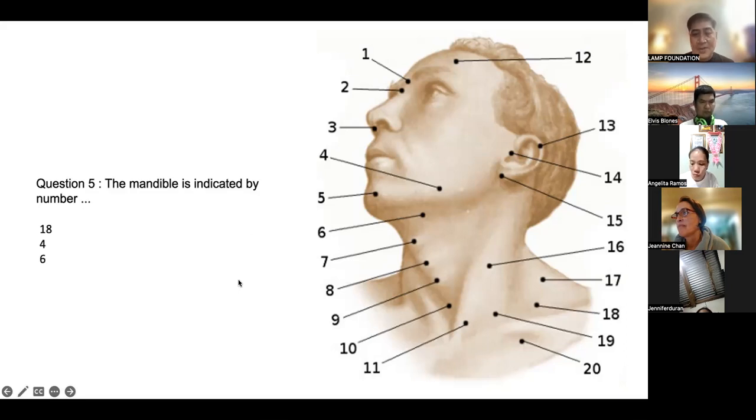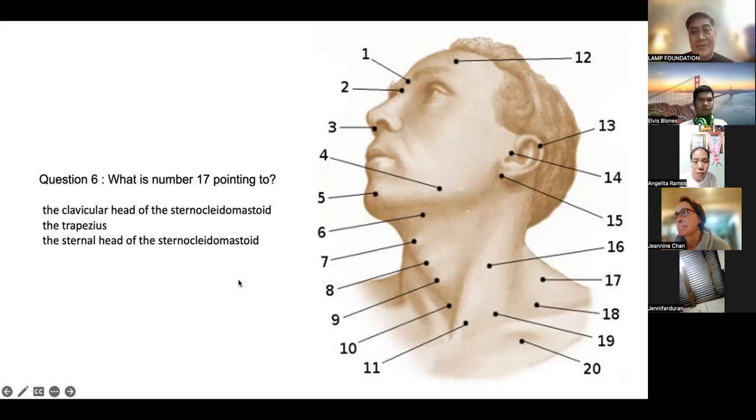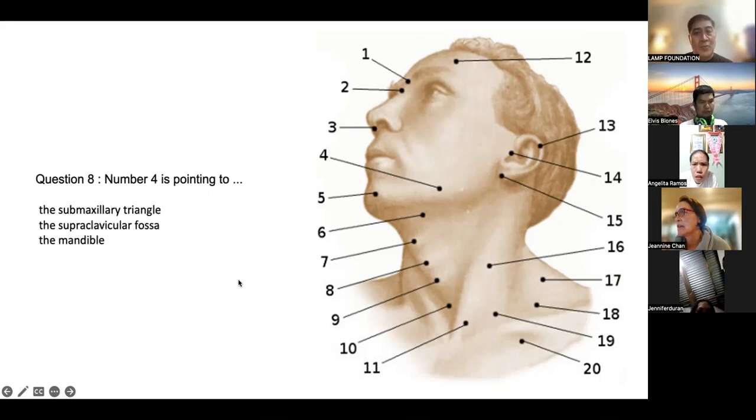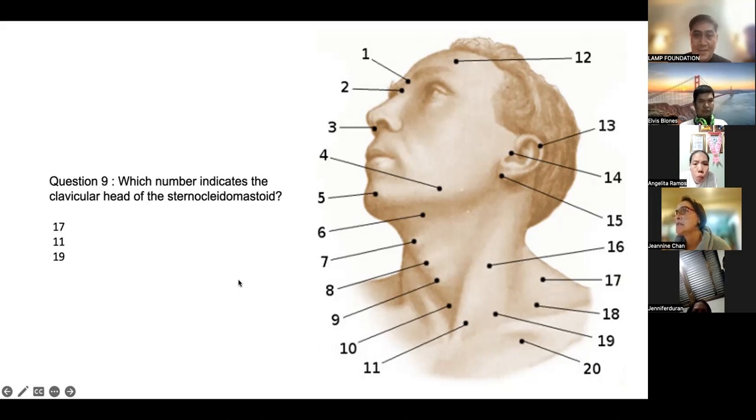The mandible is indicated by what number? Number 4, Doc. What is number 17 pointing to? Number 17 is the trapezius. The sternal head of the sternocleidomastoid is indicated by what number? Number 11, Doc. Number 4 is pointing to what? The mandible. Which number indicates the clavicular head of the sternocleidomastoid?